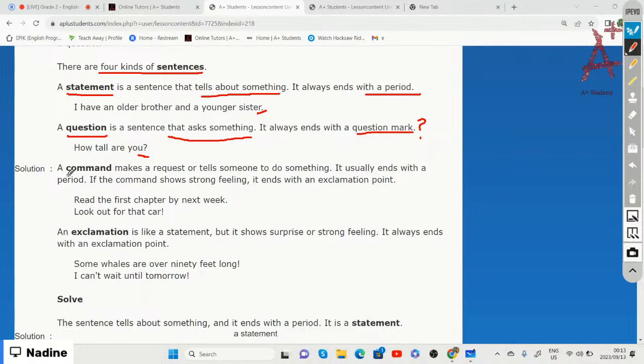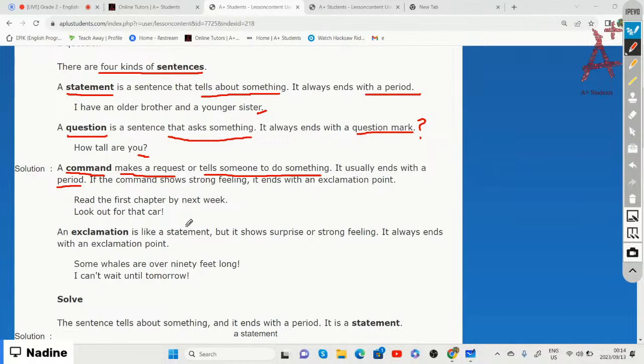So a command makes a request or it tells someone to do something. You're making a request or you're telling someone to do something. That is a command. And with a command, it usually ends with a period.